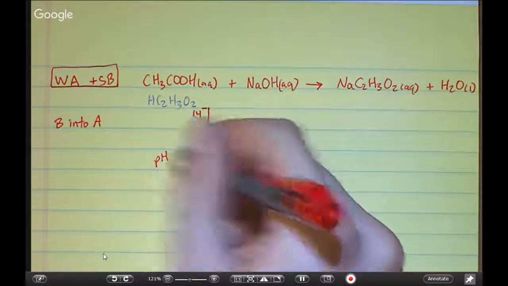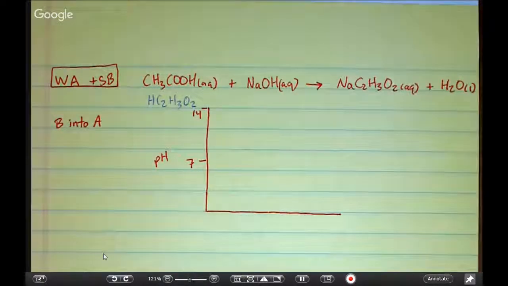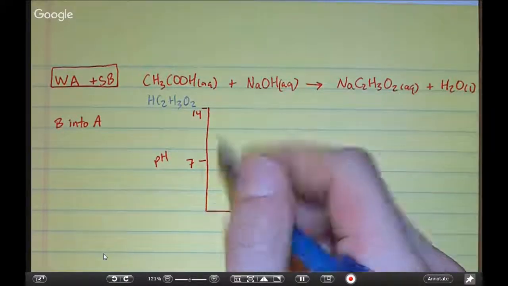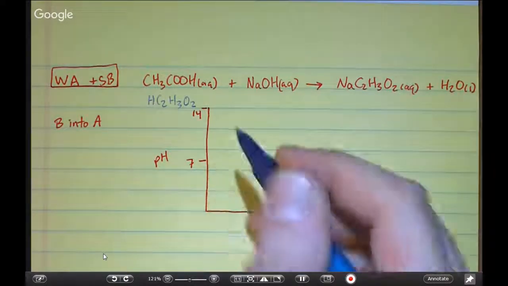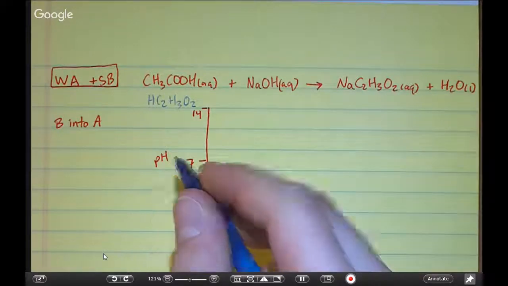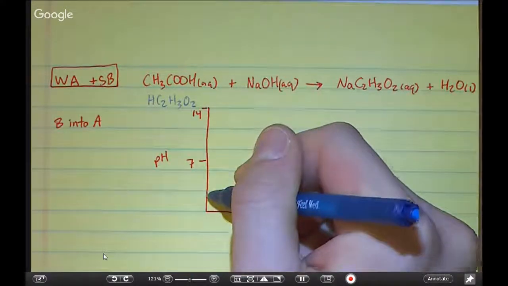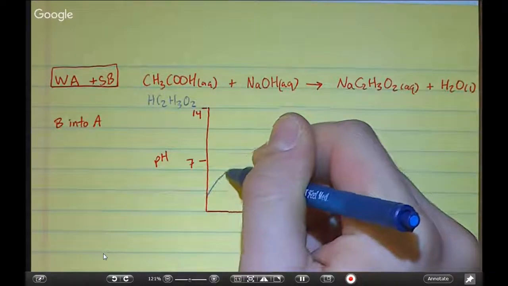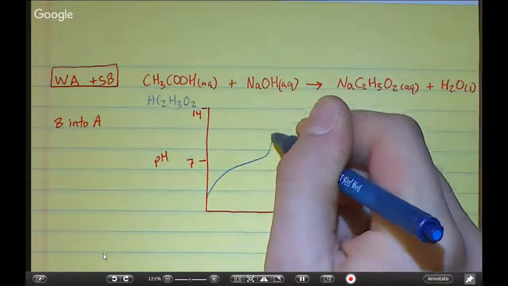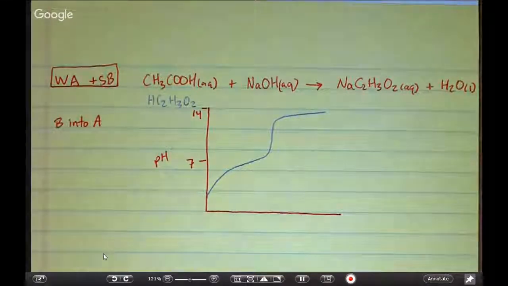So pH on the y-axis. And so what we would experience here, we are going to start at, actually, acetic acid is not a strong acid, so we're not starting at pH of 0, but we're starting somewhere around like here. And it's going to look a little more like this.